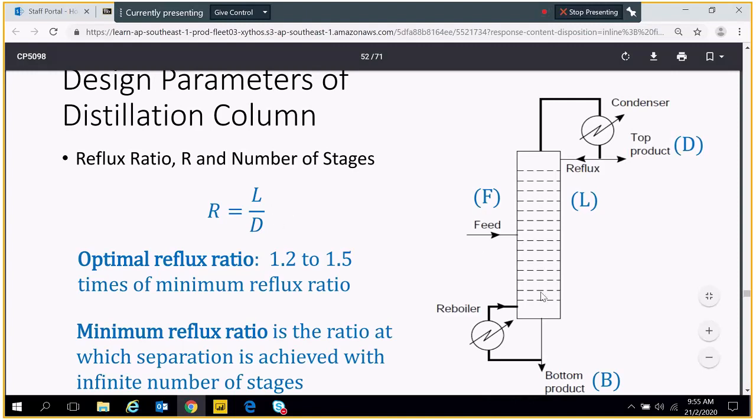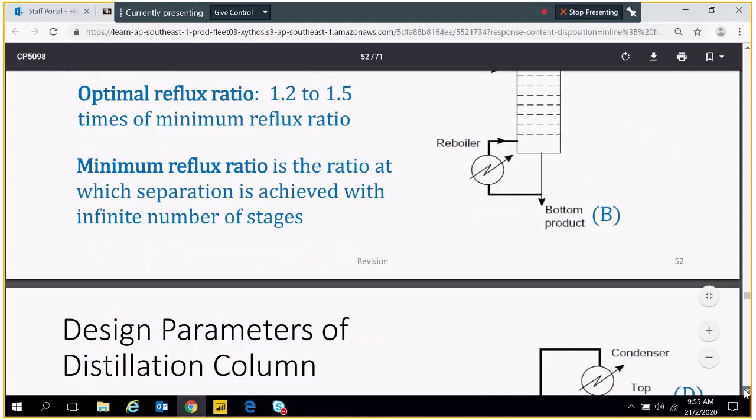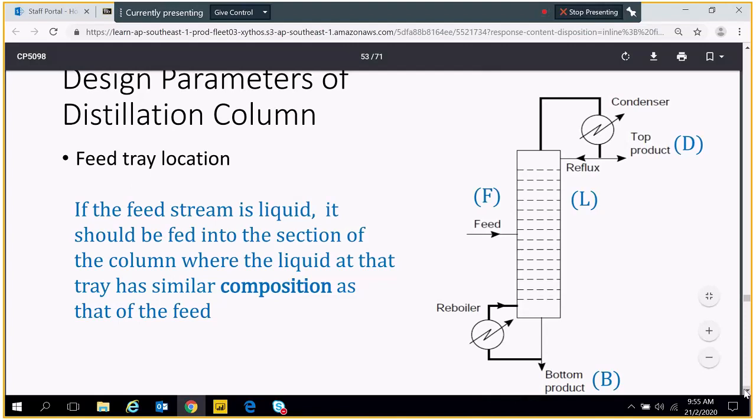There's a minimum reflux ratio, 0.83. Then the number of stages is infinite. Whereas for total reflux, D is 0, L over D is infinity. The number of trays is minimum. Okay, remember this.